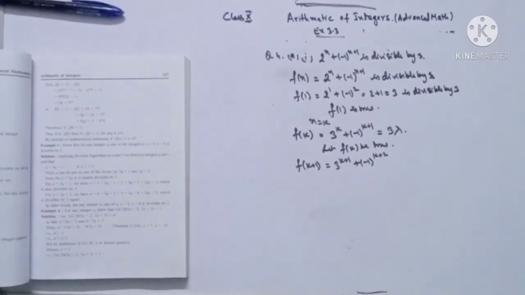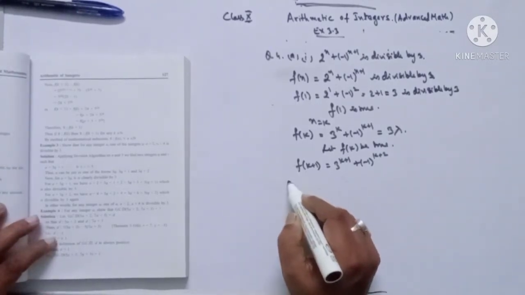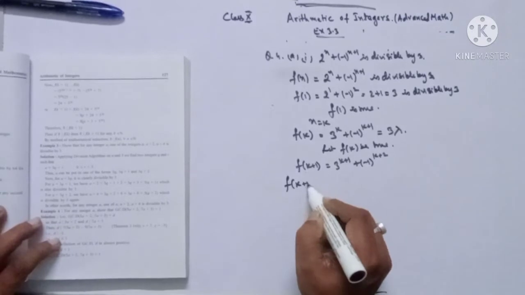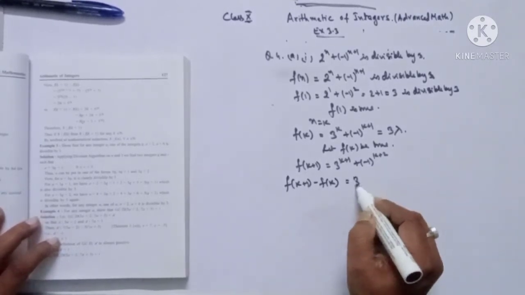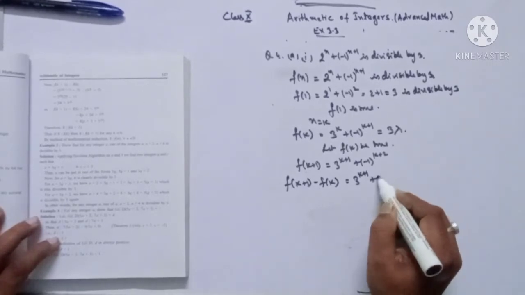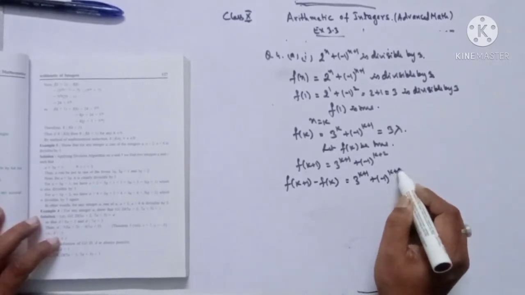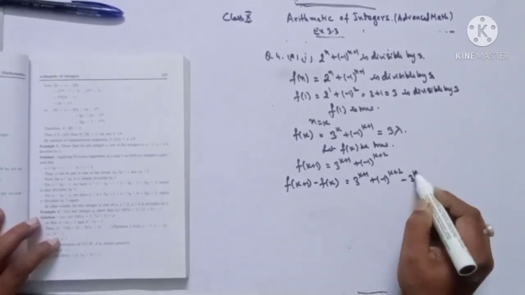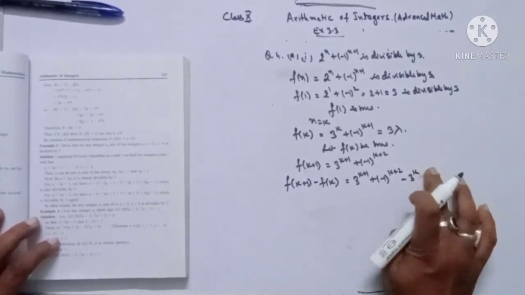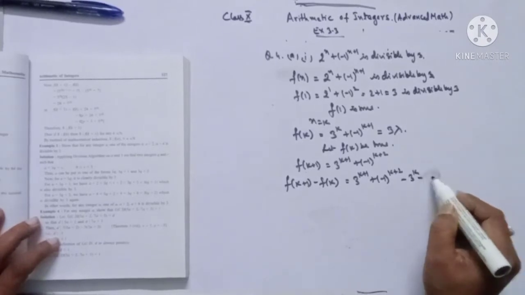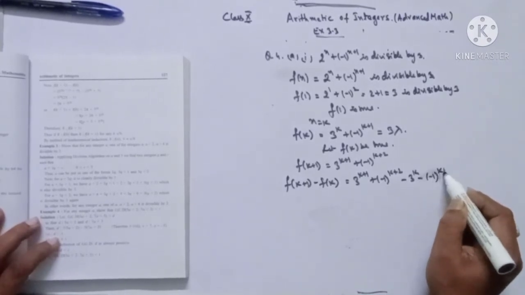So what they have done here is Fk plus 1 minus Fk. Here this will be 2 to the power of k plus 1 plus minus 1 to the power of k plus 2, minus 2 to the power of k minus minus 1 to the power of k plus 1.